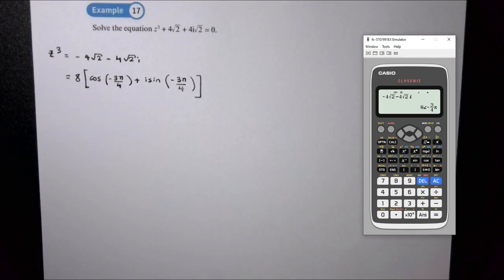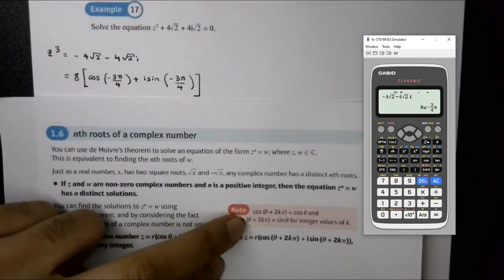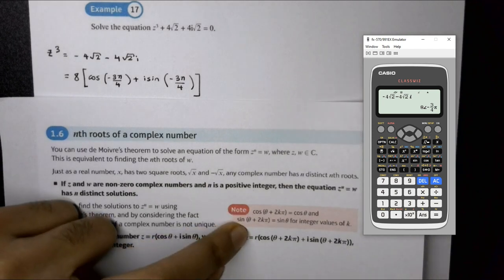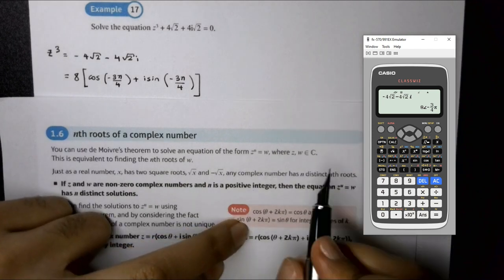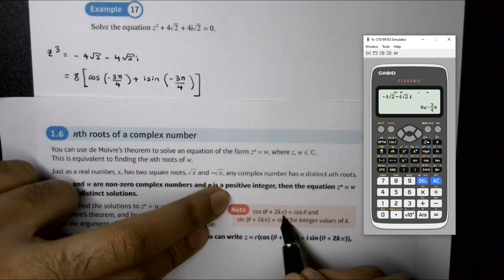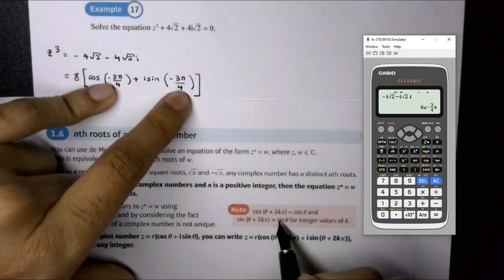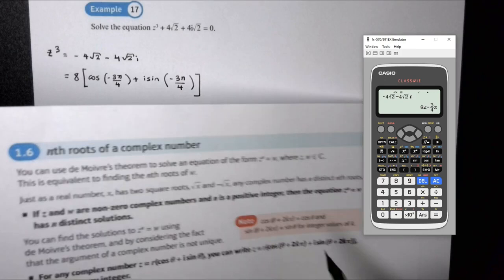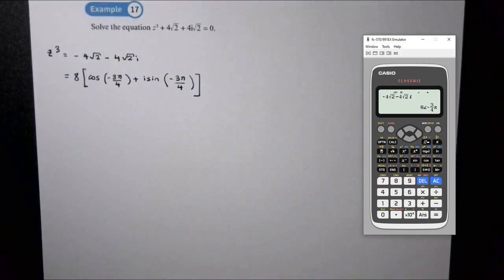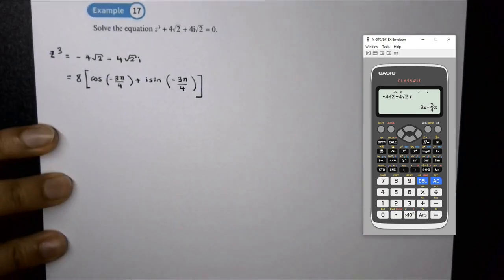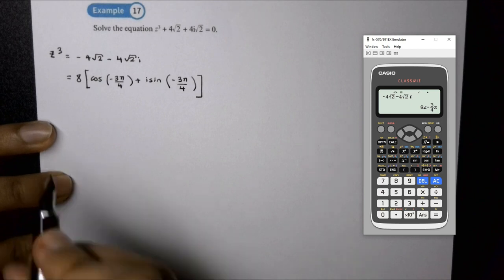But before we do anything, we can use the idea which we met previously, recognizing that cos and sine are periodic. We can add 2k pi to this over here.